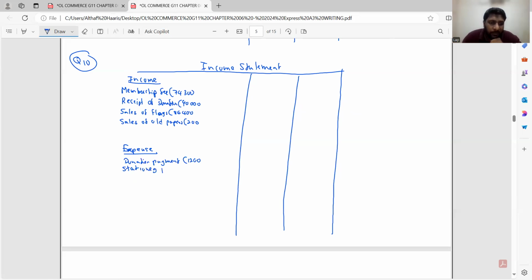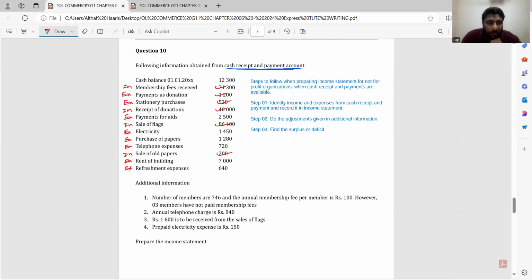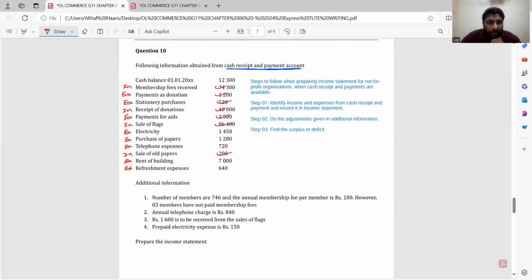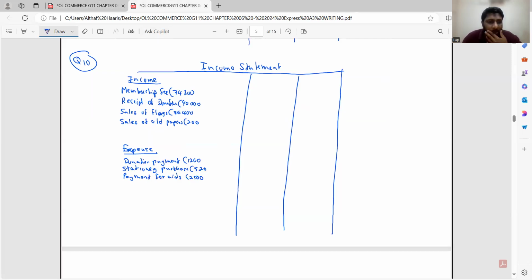Stationery purchase, 520. Payment for AIDS, 2,500. Electricity, 1,450.